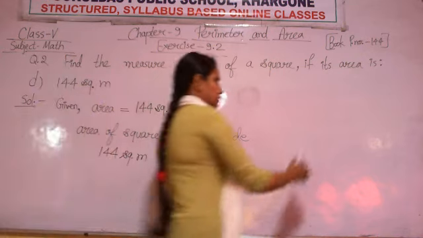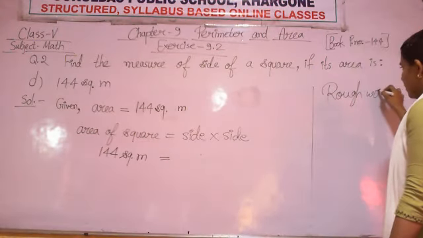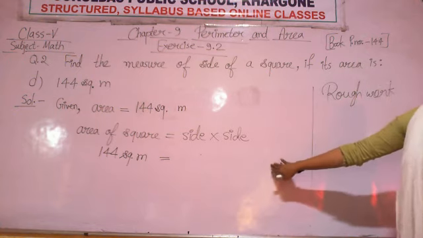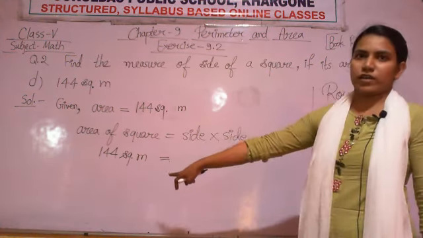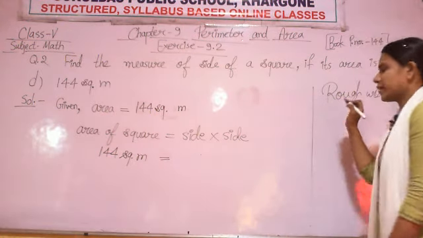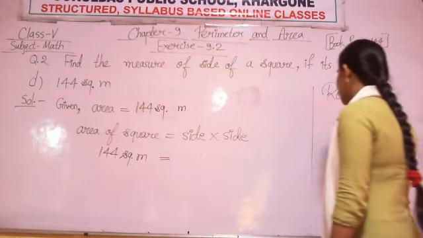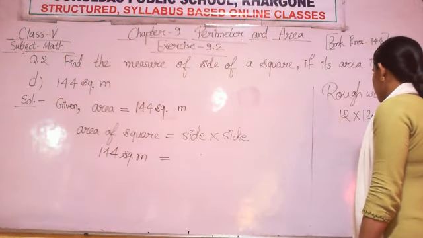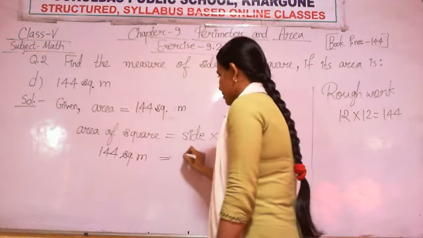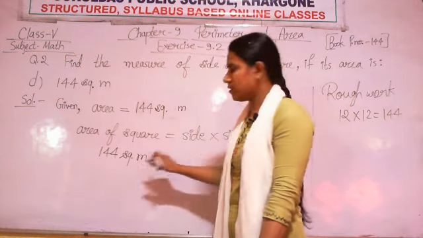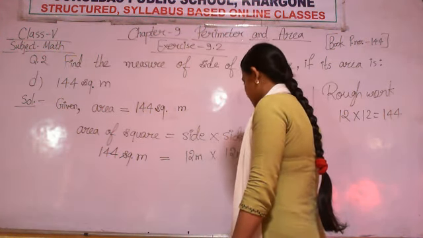Now in rough work, choose two numbers which you will multiply to get 144. But the numbers must be the same. So if I multiply 12 with 12, I will get 144. As the unit here is meter, I will use 12 meter multiplied with 12 meter.